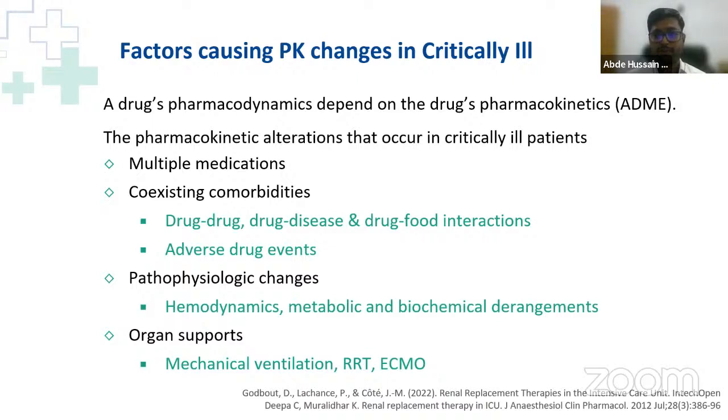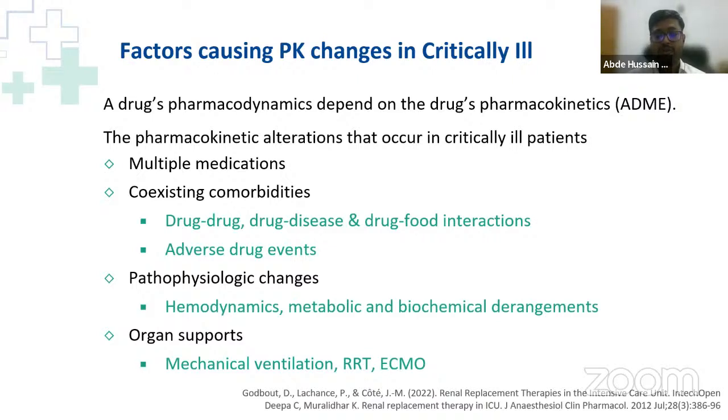So first one is multiple medications. Then come the coexisting comorbidities like drug-disease and drug-food interactions, and changes in protein binding because of the disease. Probably an unfed state leads to decreased protein in the body. Again, changes in protein binding, adverse drug events, pathophysiologic changes like hemodynamic, metabolic, and biochemical derangements.